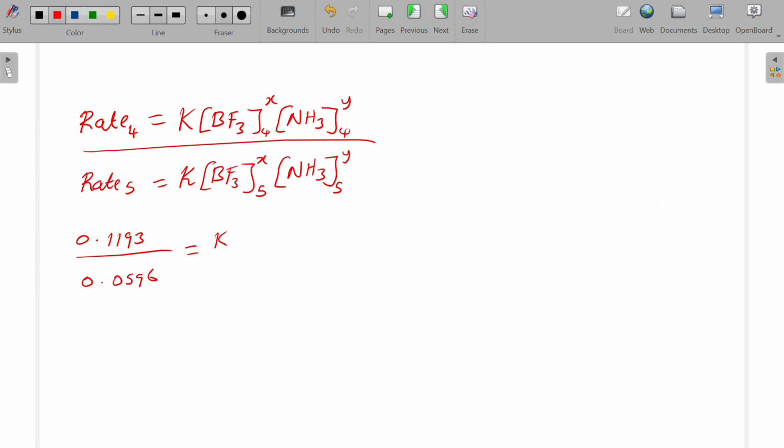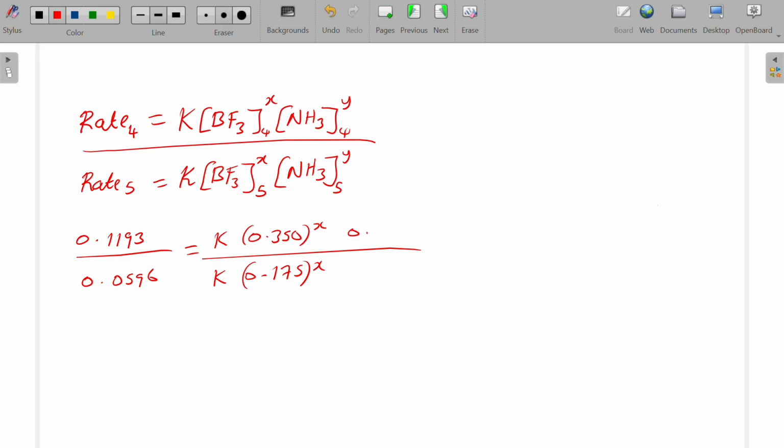This will be equal to K divided by K, and then the BF3 concentration on number 4, which is 0.350, given to the power of x, divided by 0.175, also given to the power of x.